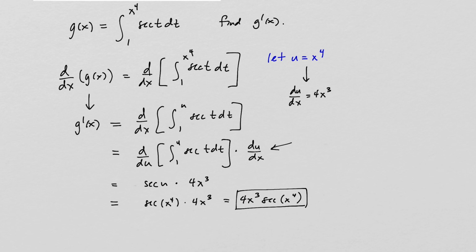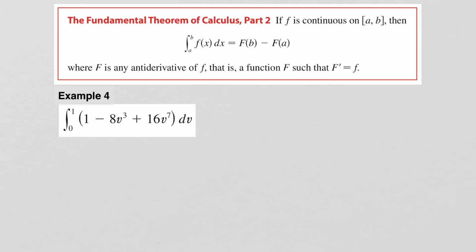All right, let's go on to part 2. The fundamental theorem of calculus part 2 is by far the more common version of the theorem that we actually use. It states that if f is continuous on the interval from a to b, then the integral from a to b of f of x dx is equal to capital F of b minus capital F of a, where capital F is any antiderivative of your original function.